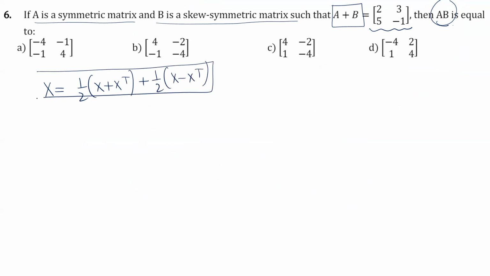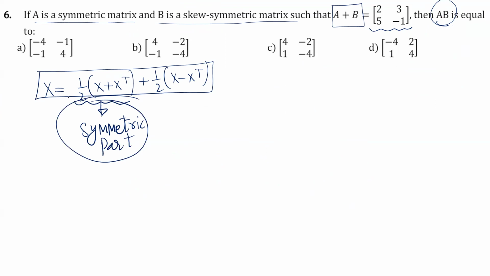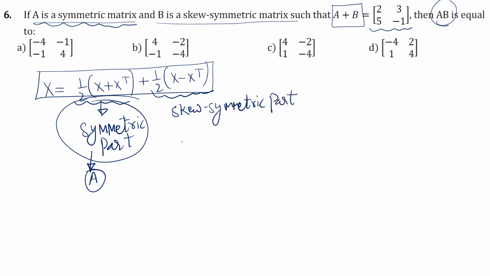So here if you observe, the first part is your symmetric part, and they have given A as symmetric part. That means this part we can safely call as A, and this is skew symmetric part, so we can call this second part safely as B matrix. Clear? So now we can find this A and B, and then we can multiply A into B.